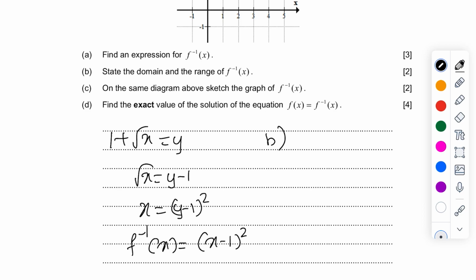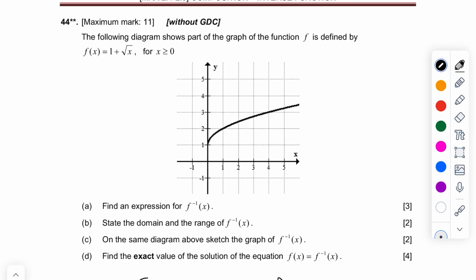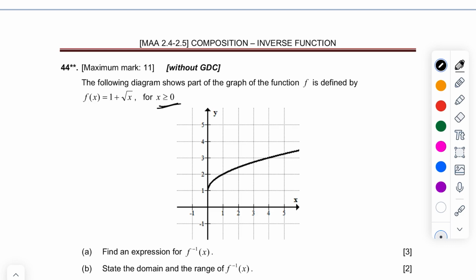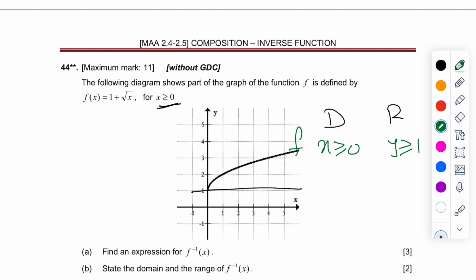State the domain and range of f inverse of x. The domain and range for function f is x greater than or equal to 0 and y greater than or equal to 1. So for f inverse, it will be swapped: x greater than or equal to 1 and y greater than or equal to 0.